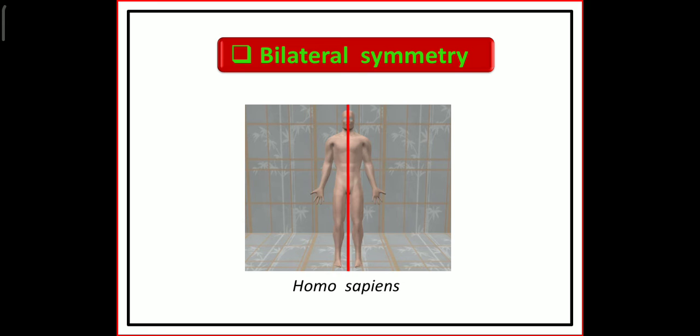Look at the figure here. This is the figure of Homo sapiens. If you see minutely, you can easily understand that it can be divided into left and right halves along just one plane.